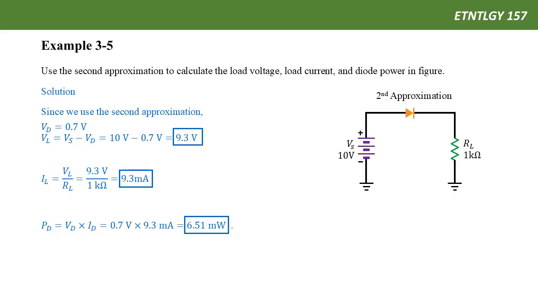To find the diode power, use the power formula. So the diode power PD equals the voltage of the diode, which is 0.7 volt, multiplied by the diode current, that 9.3 milliamps. After computing that, it equals 6.51 milliwatts.